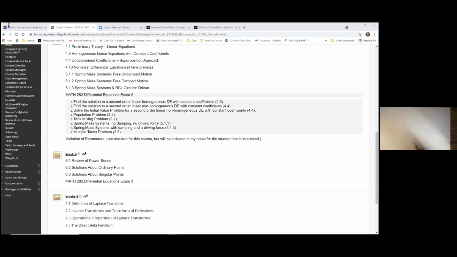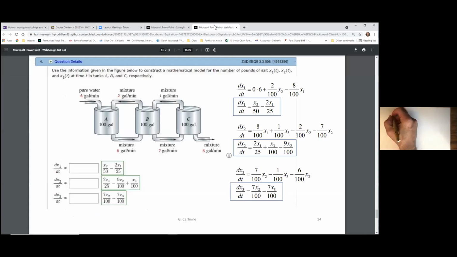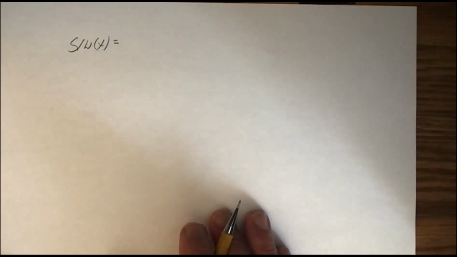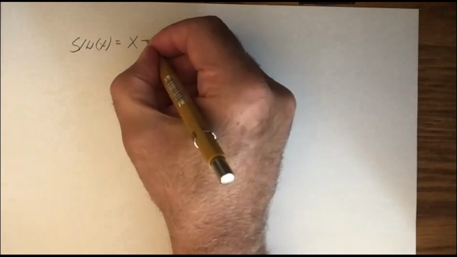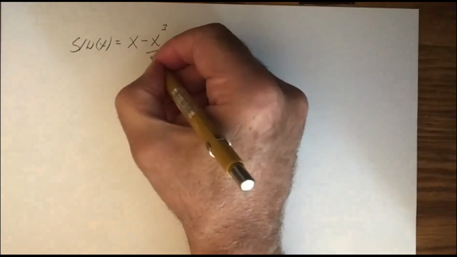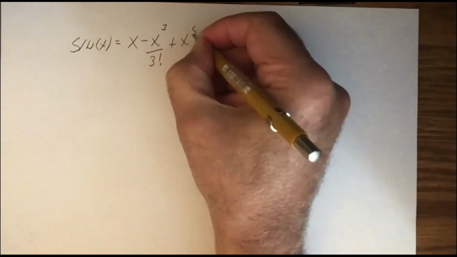I just want to remind you, let me start talking a little bit about power series. I don't know if you remember, but the power series for sine is equal to x minus x cubed divided by 3 factorial, plus x to the fifth over 5 factorial.